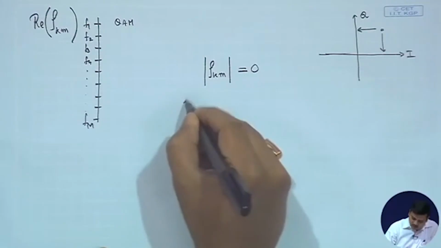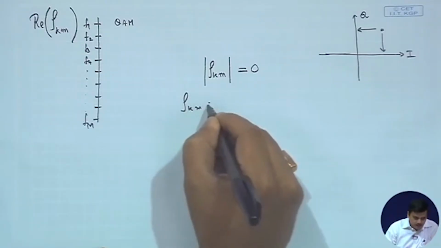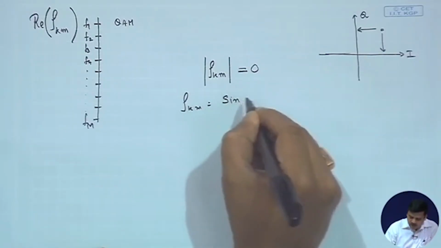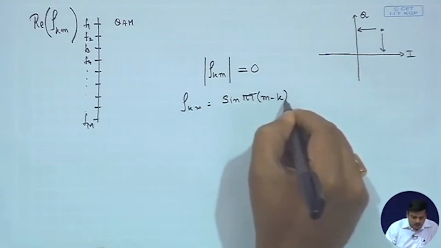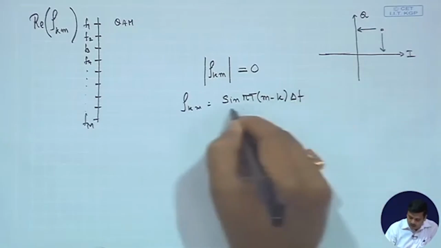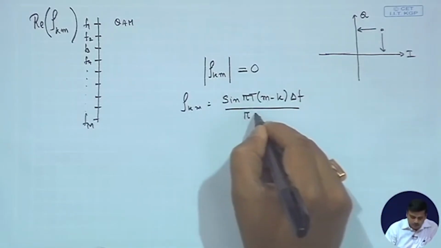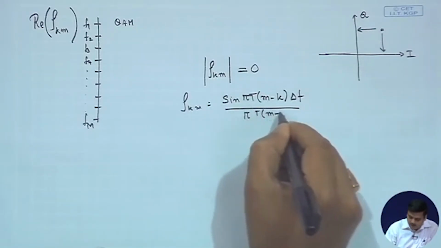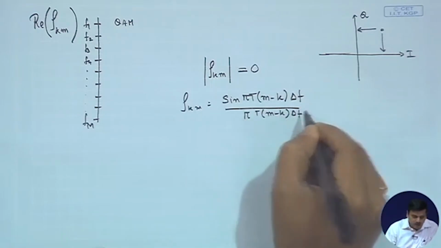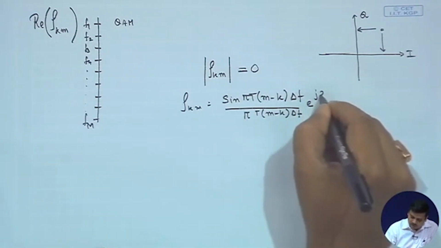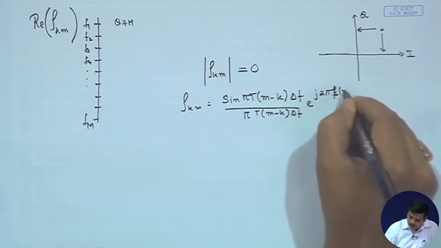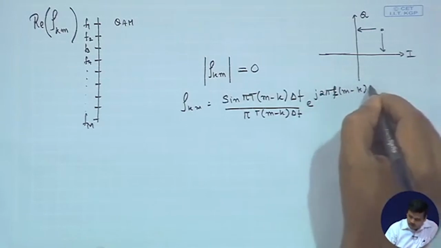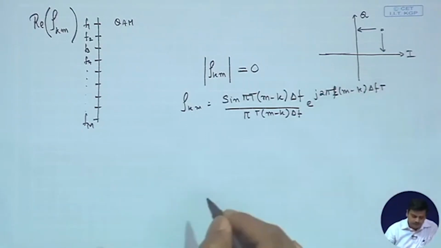So, if you look at the signal, rho km is given as sin pi (m minus k) delta f T upon pi (m minus k) delta f T, into e to the power of j 2 pi (m minus k) delta f t.